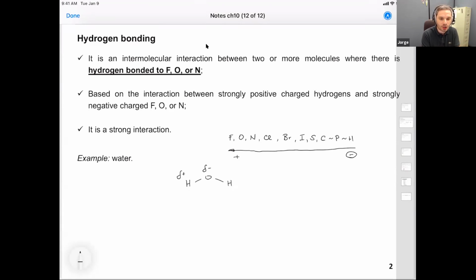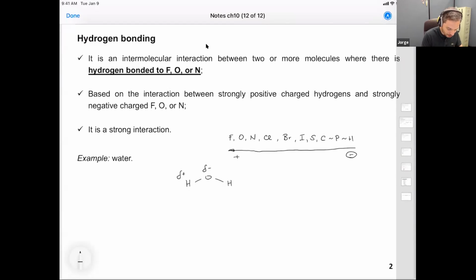It's not a charge by itself, but it's really close to a positive and negative charge that results from the high electronegativity difference.